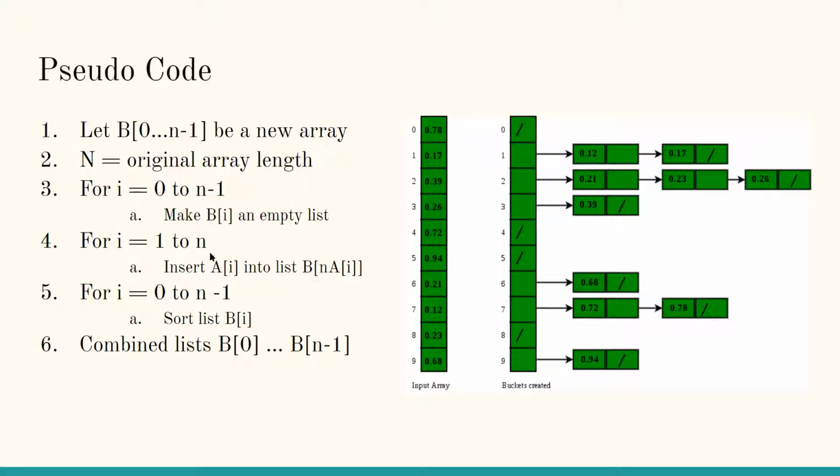And then the second one is the actual moving of the variables from your first list to your buckets. And then the final two steps are sorting your buckets, which is here, and then recombining your buckets. So it's a pretty simple concept. And this picture here is just a more technical look at what the bucket sort method entails.